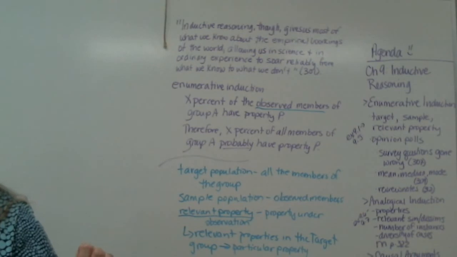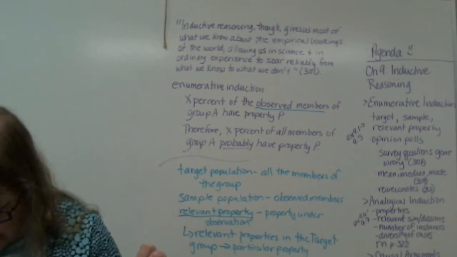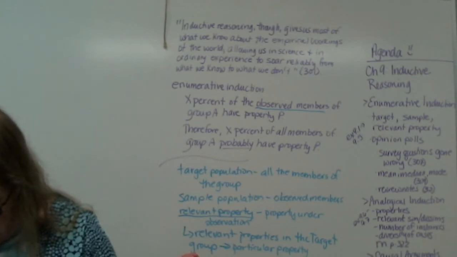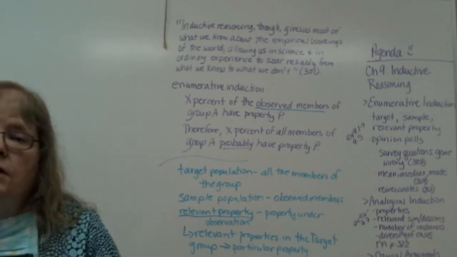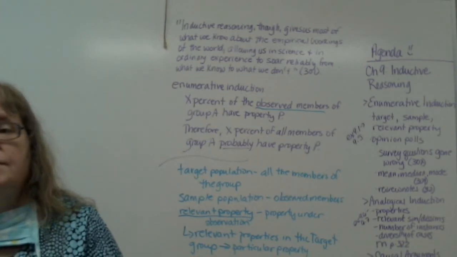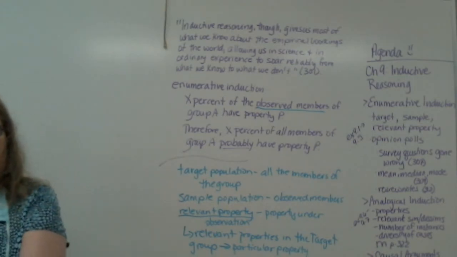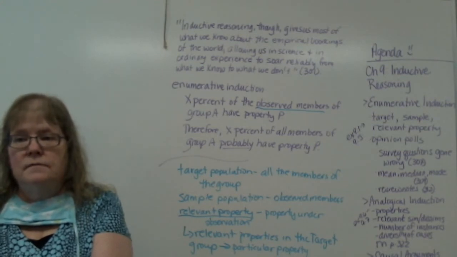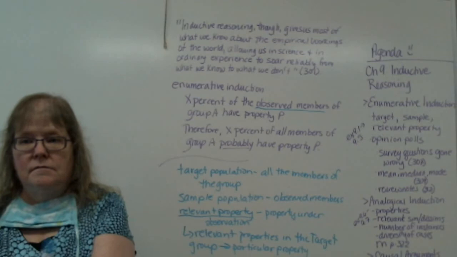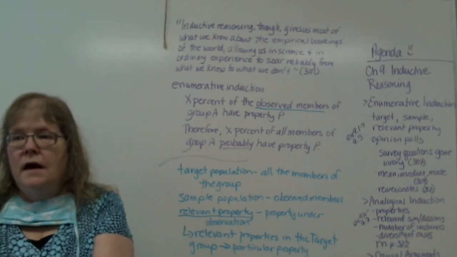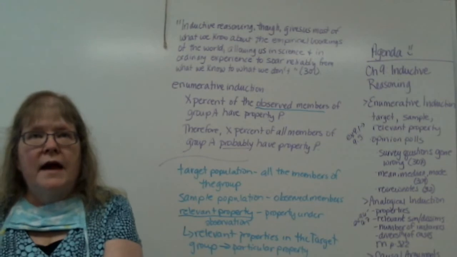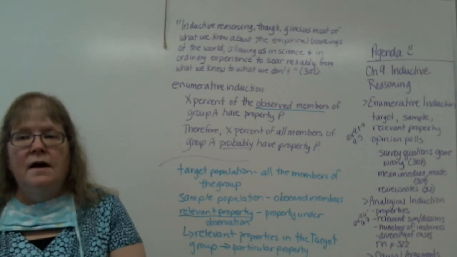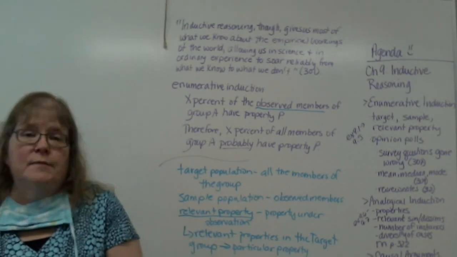To be truly representative, this is page 306, the sample must be like the target group by 1, having all the same relevant characteristics, and 2, having them in the same proportions that the target group does. So, if I'm going to ask my students a question about something here at JCC, I have to be careful because I have to look at the demographic makeup of folks who come to JCC versus the demographic makeup of the folks in my room.